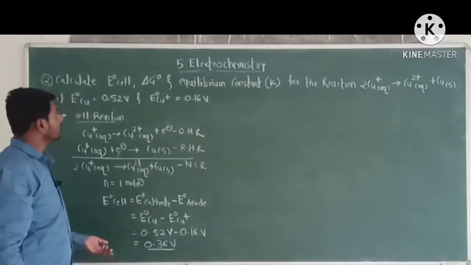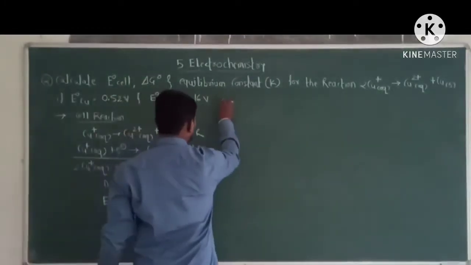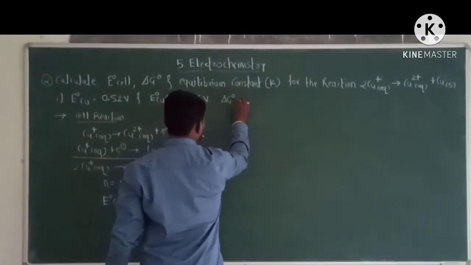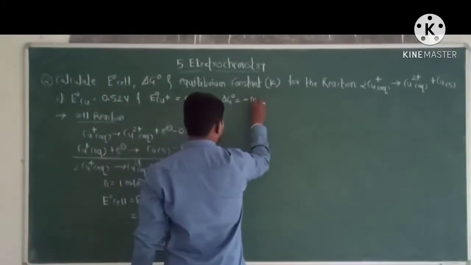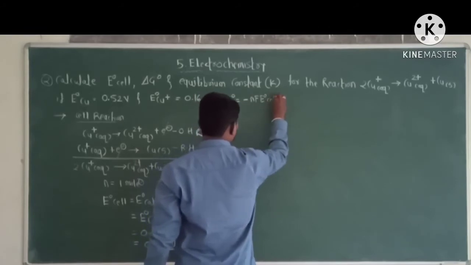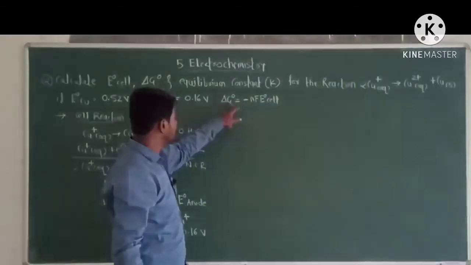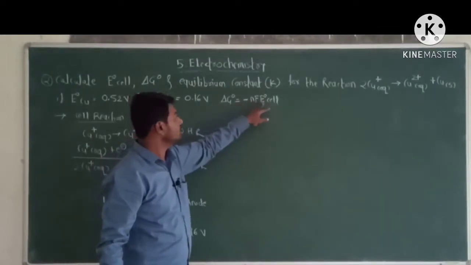Okay. Now after that, calculate delta G0. Delta G0 is calculated by using the equation minus nF E0 cell.